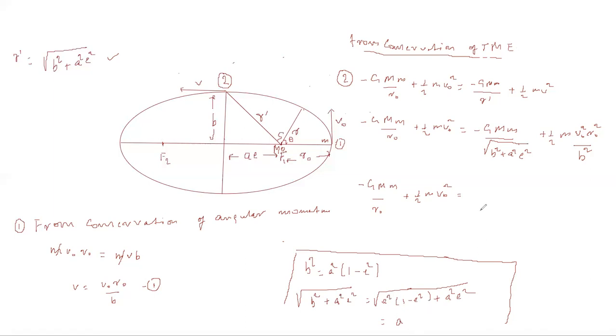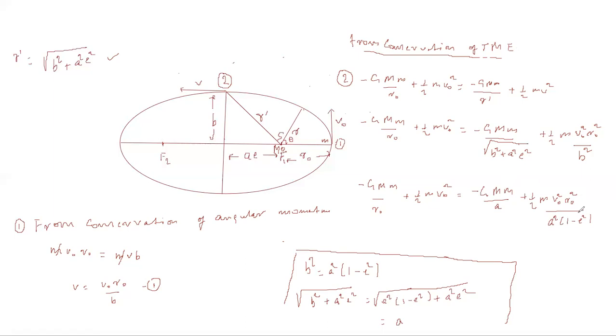So we can substitute here. So this becomes minus G M m over a plus half m v naught square r naught square upon b square, again substituted as a square into 1 minus e square.